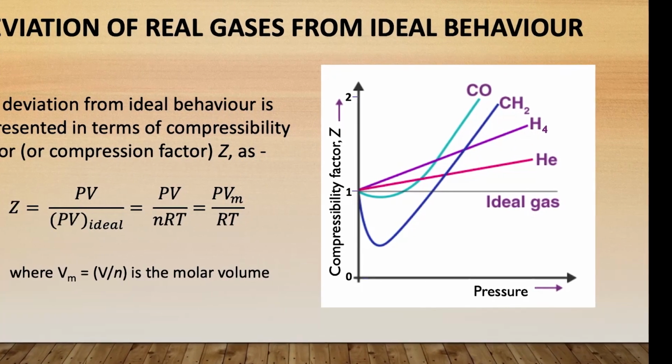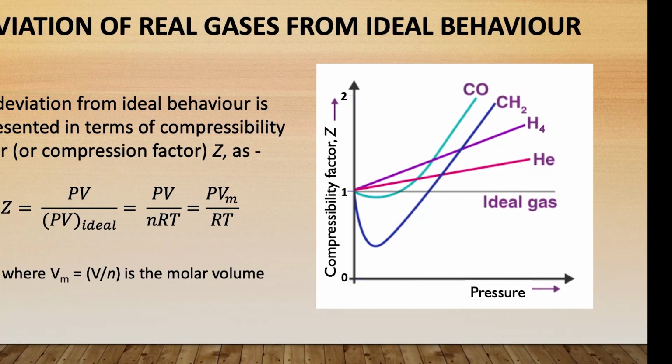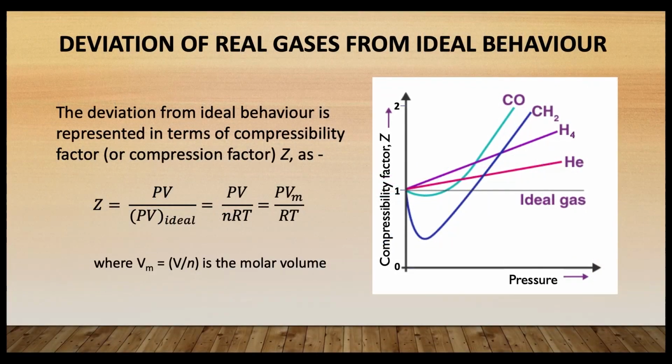So, how do we represent this deviation of real gases from behaving ideally? Usually, the deviation of real gases from ideal behavior is best represented in terms of compressibility factor or so-called compression factor Z, which is defined as Z is equal to PV divided by PV ideal, which is equal to PV divided by nRT, which is equal to PVm divided by RT, where Vm is equal to V by n is the molar volume, that is the volume occupied by 1 mole of a gas.